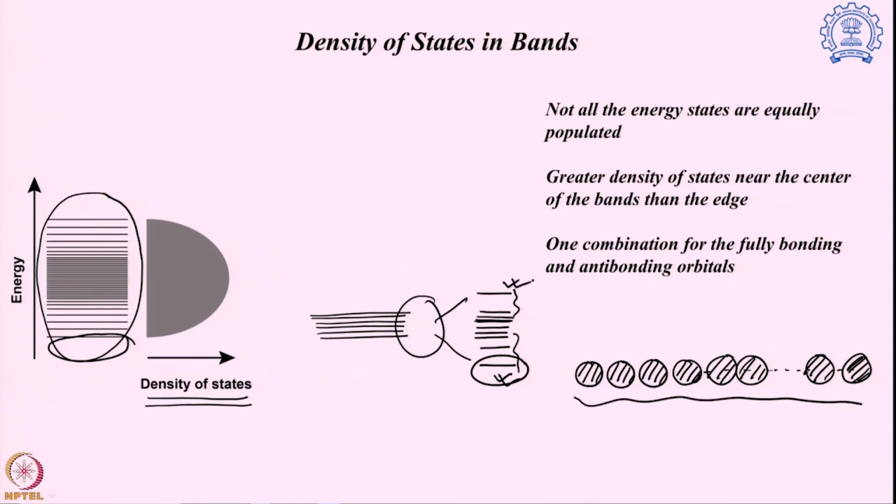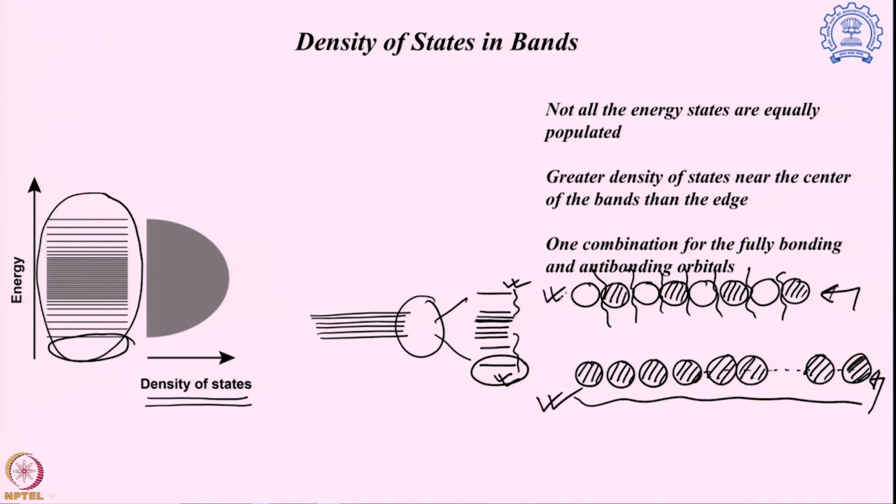Similarly, the anti-bonding is possible, where each of them is in the opposite symmetry next to each other, so every other atomic orbital is in the opposite symmetry. So I can have anti-bonding interaction between each of them. Again there is only one possible arrangement for the bonding, and one possible arrangement for the anti-bonding.